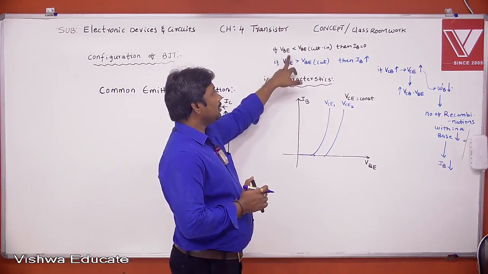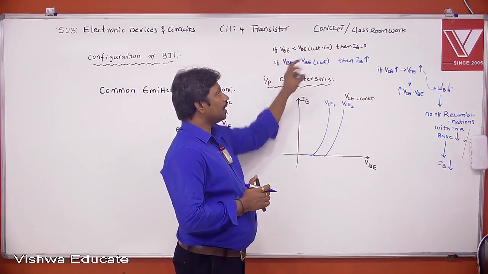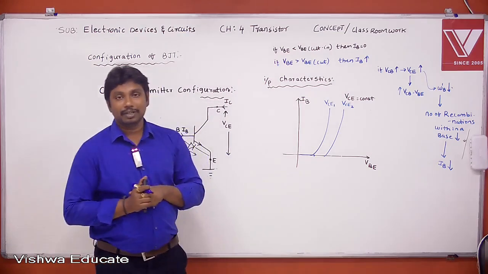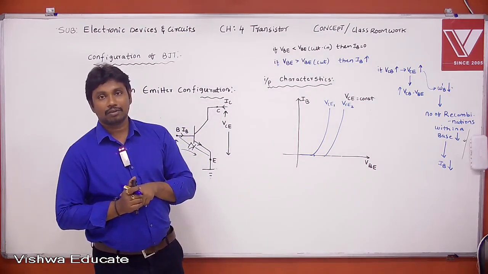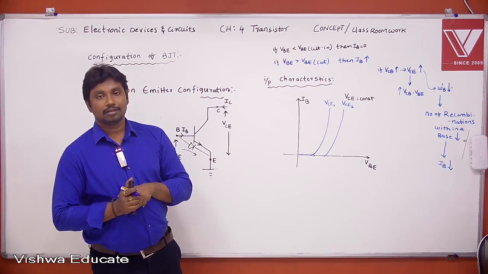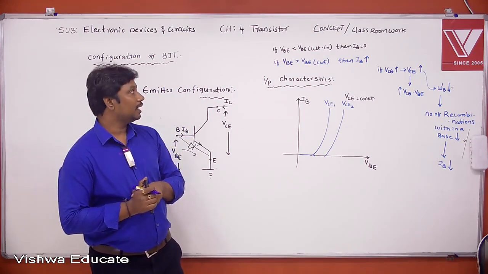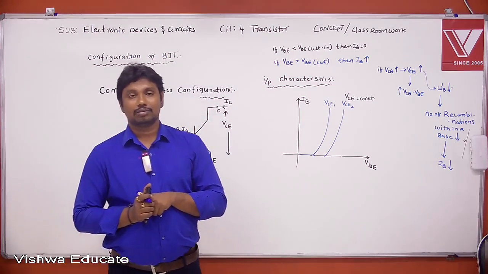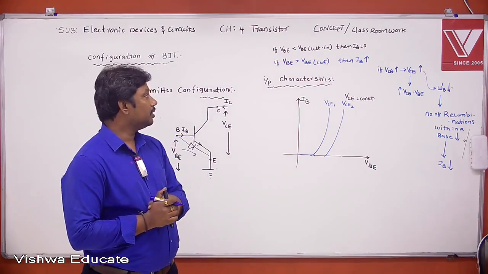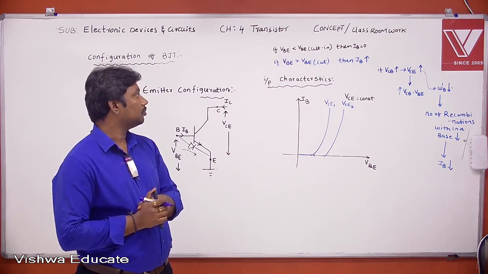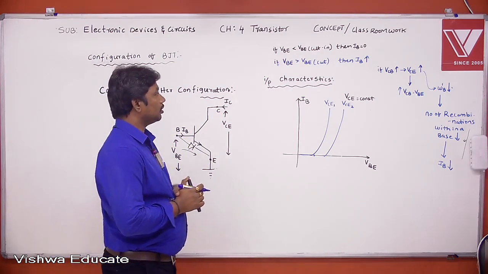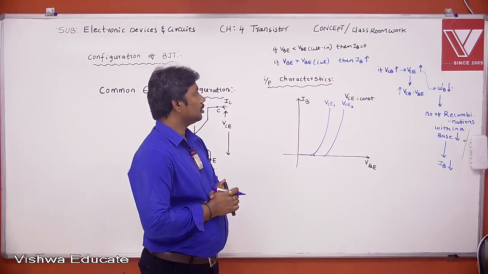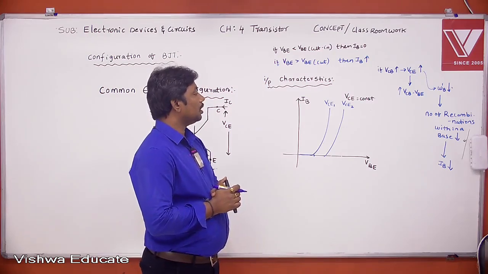Next point. If VB is less than or equal to VB cut-in, then IB is 0.